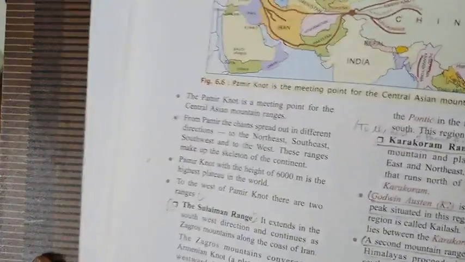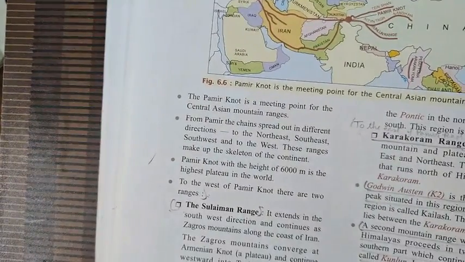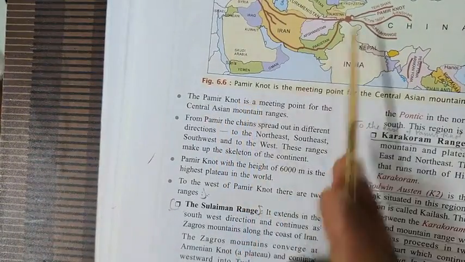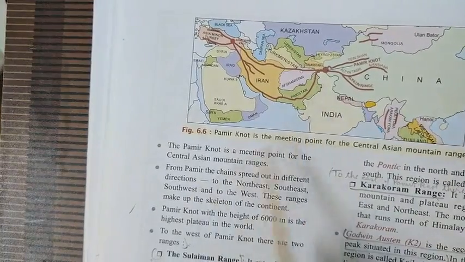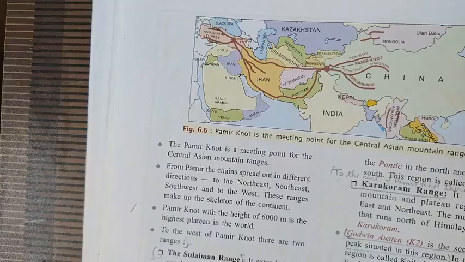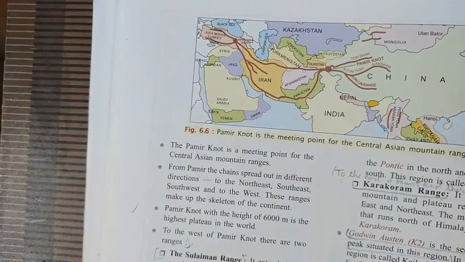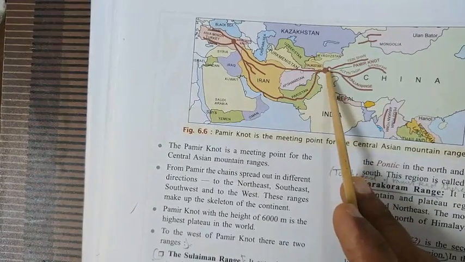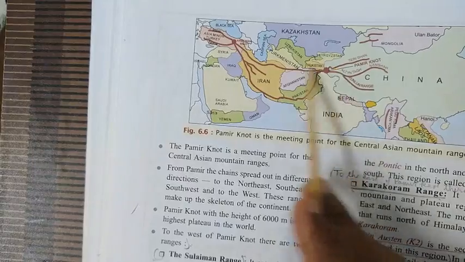Now as I told you, I was explaining the Pamir Knot that I showed you in this figure, and how different mountain ranges radiate in different directions. One thing you will find here is that the Himalayan mountains from the Pamir Knot are connected to the Armenian Knot.